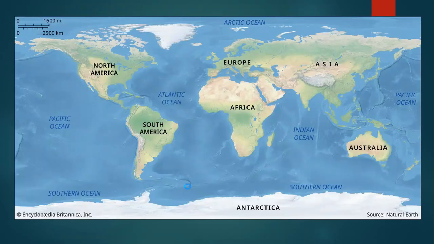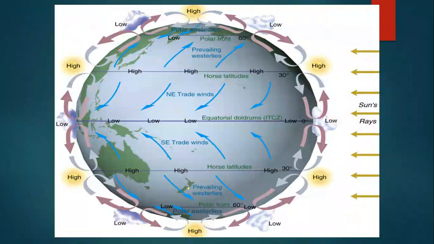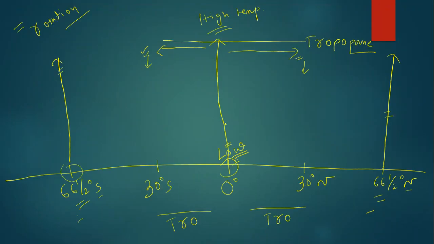If I again go to the diagram of the cross section, this zone is known as the equatorial low pressure belt.